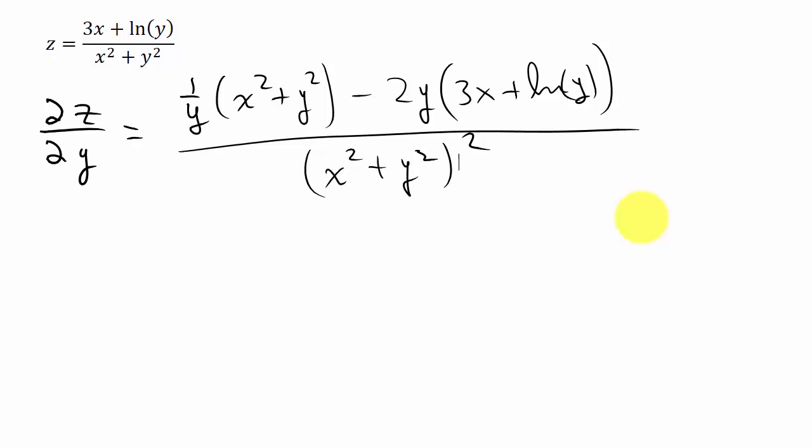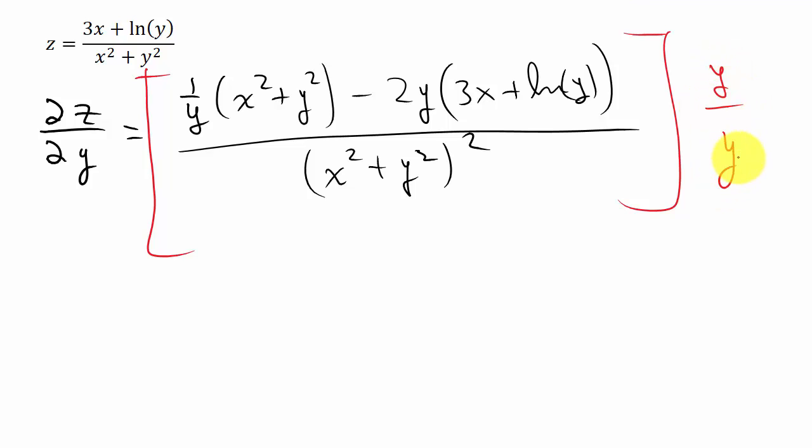Alright, so simplifying, let's see what happens. What we can do to start out is take this whole thing here, let me do that in a different color, and multiply by y over y.